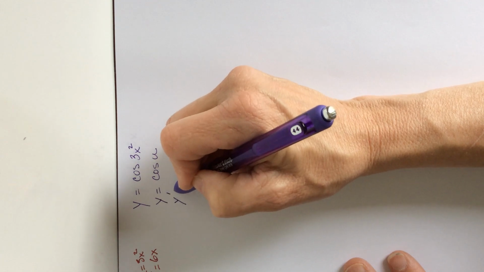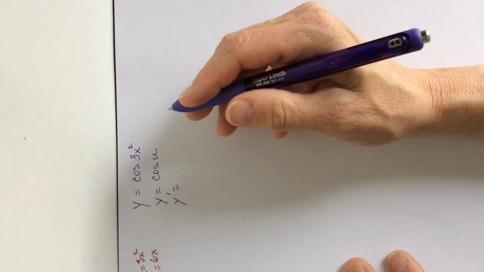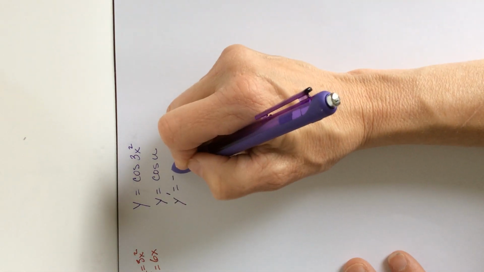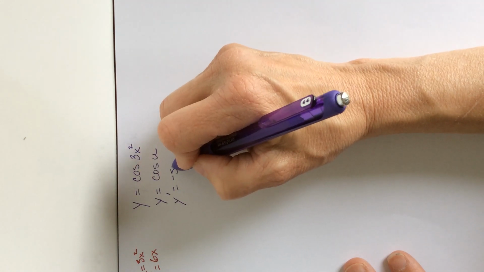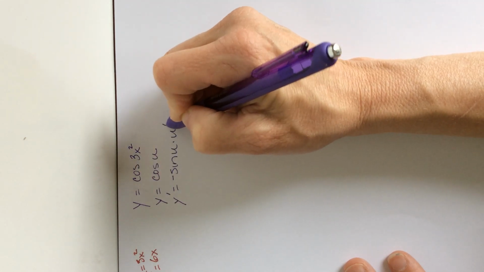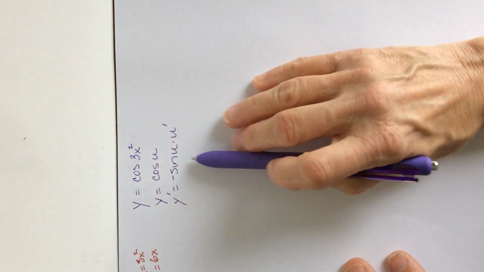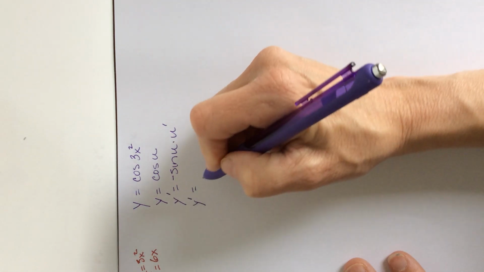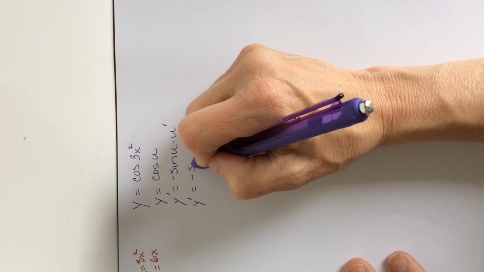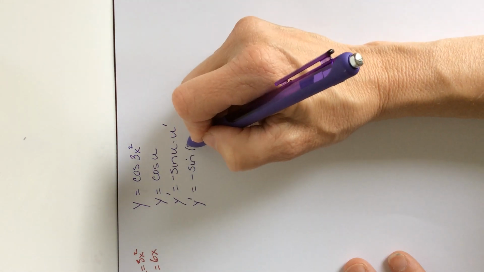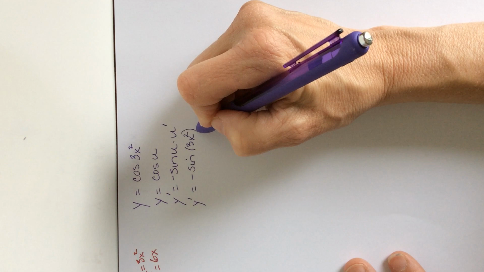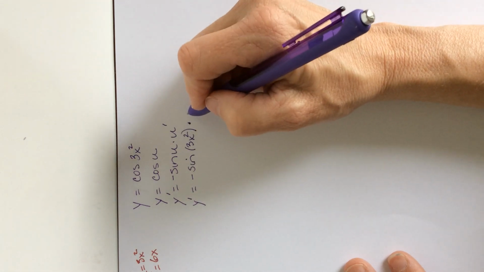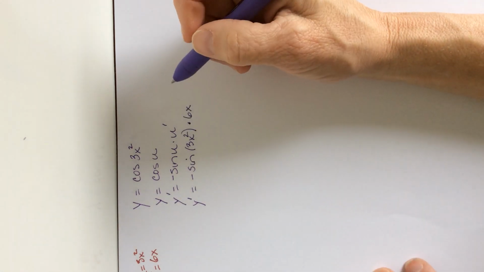The derivative then will be y prime equals the opposite of sine of u times u prime. Now let's just go back in and replace our u and u prime, and we get y prime equals negative sine of 3x squared times u prime, which is 6x.